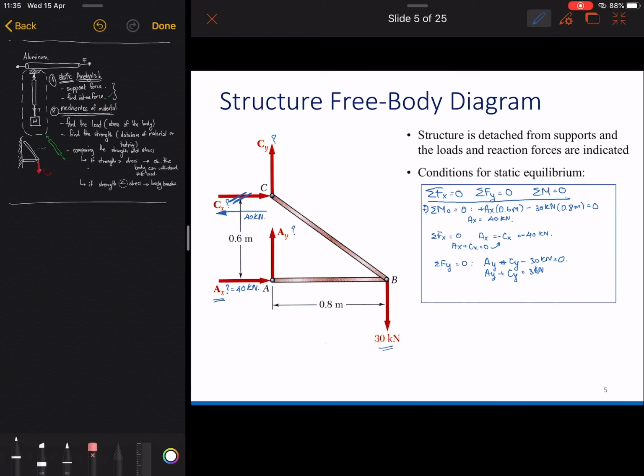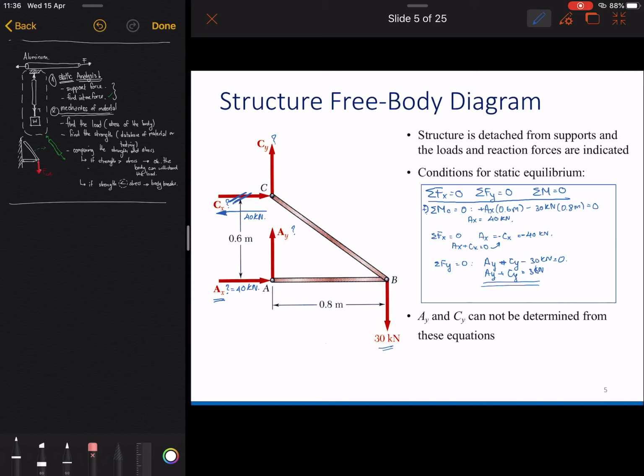So actually you can see that this kind of support is over constrained. So we cannot really define the force of those two, so we leave it like that. So Ay and Cy cannot be determined from these equations because we over constrain.